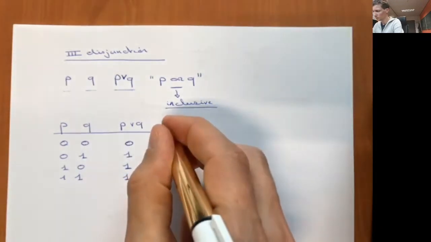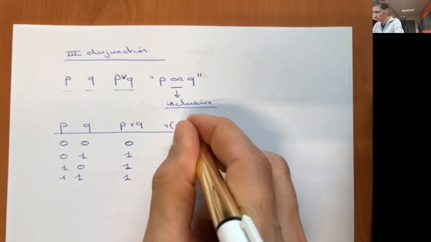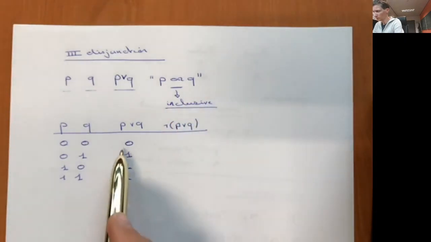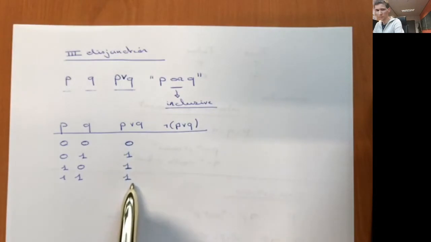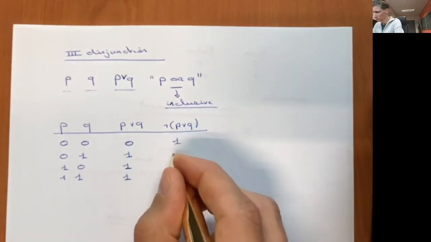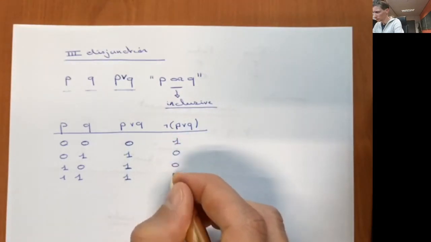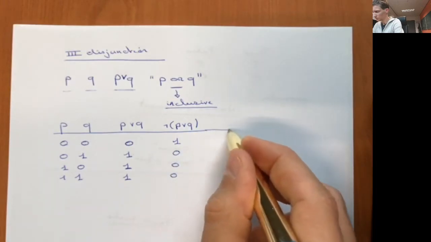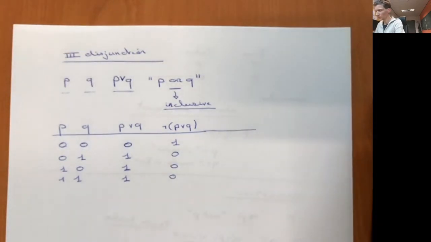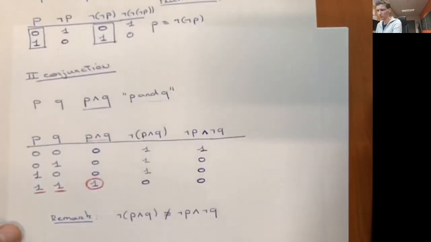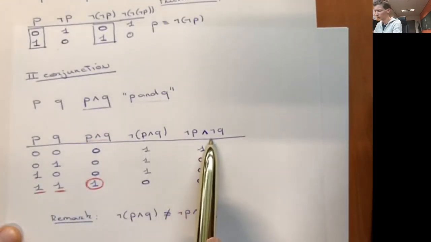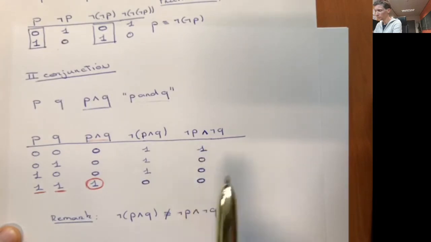Good. We can negate this formula. Let's see what happens then. Well, we only have to negate this column here. So we obtain 1, 0, 0, 0. If I look at the previous table, here not P and not Q was 1, 0, 0, 0.